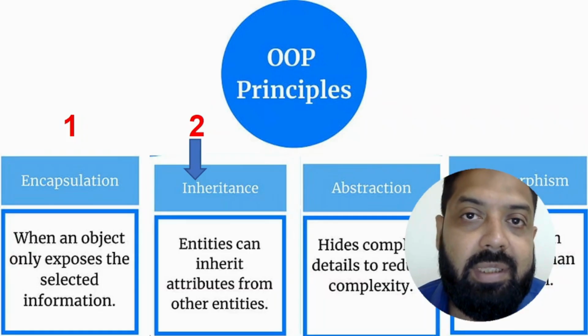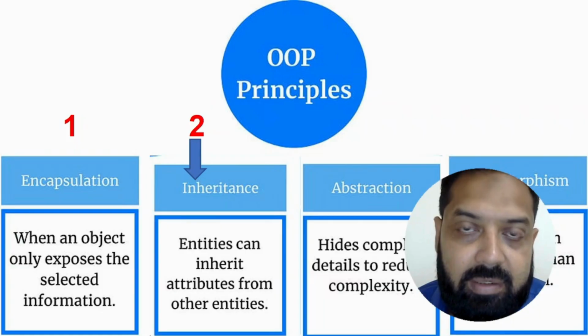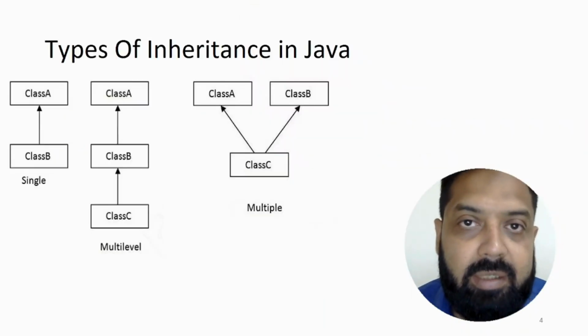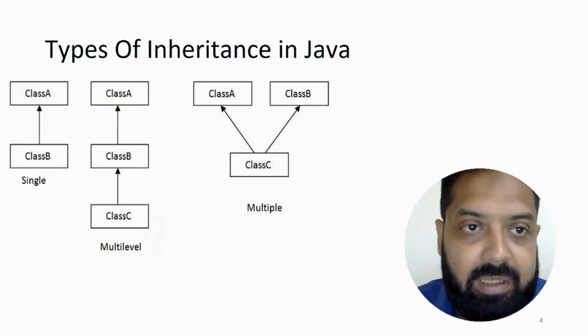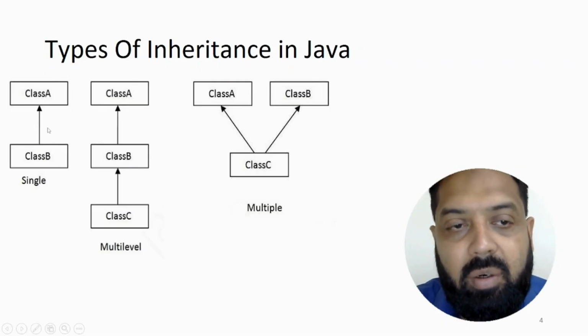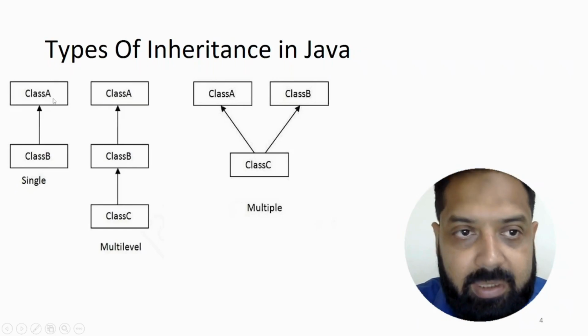Furthermore, we also saw different types of inheritance, because Java supports different types of inheritance, like single inheritance, multiple inheritance, and multi-level inheritance. Previously we saw single inheritance, in which we have just one child class, and this child class inherits or takes features of the parent class.